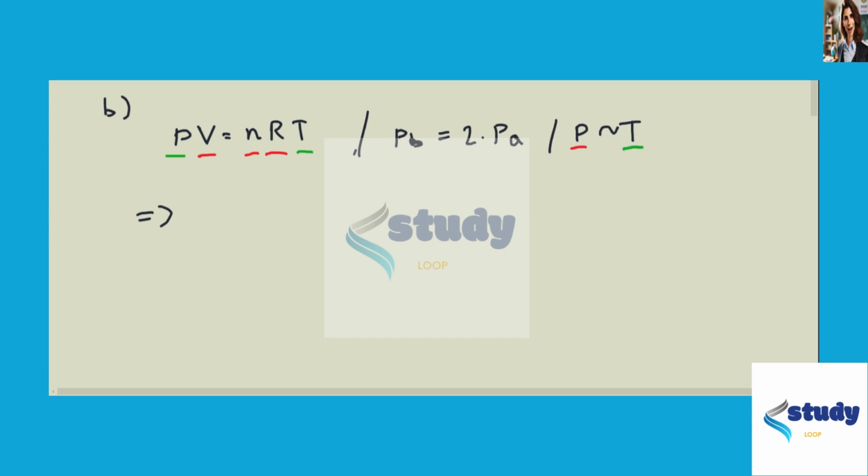So since the pressure is increased 2 times, the temperature at point B will be 2 times the temperature at point A, and this is the solution.